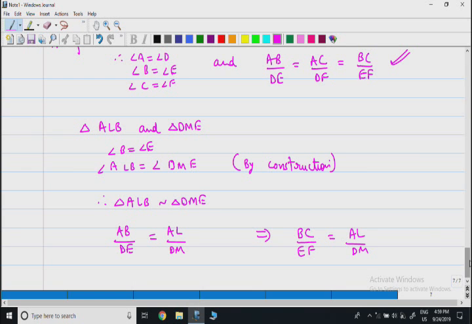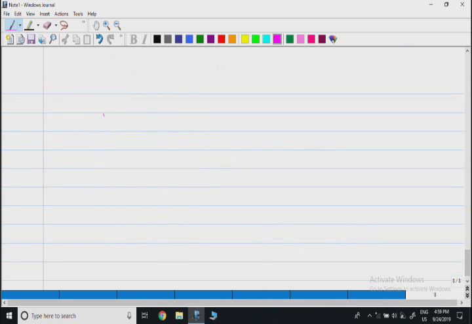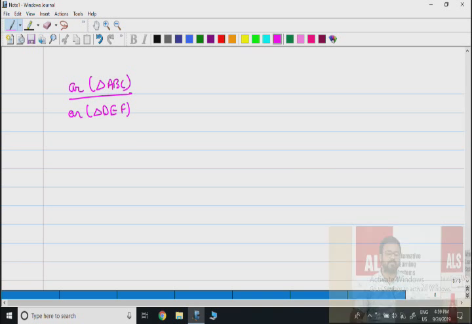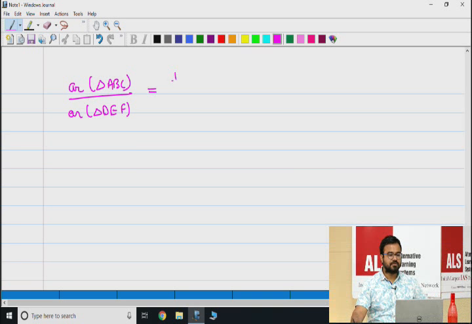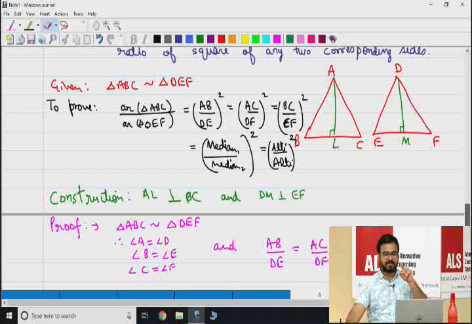Now, when we write the area of the triangle, so area of triangle ABC upon area of triangle DEF. Area of a triangle is given by half into base into height. So in this ABC triangle, we can see the base is BC and height is AL.